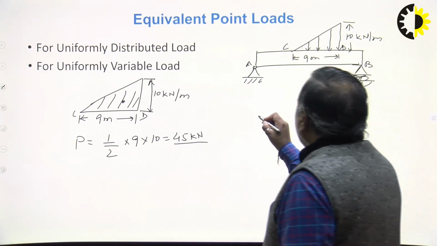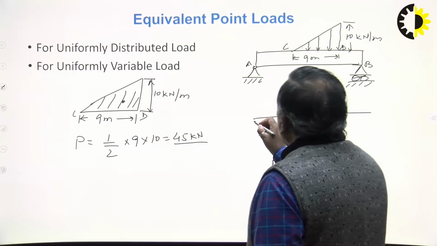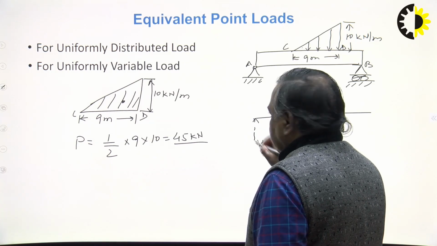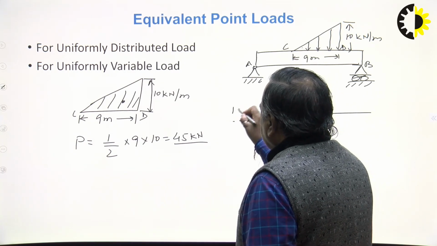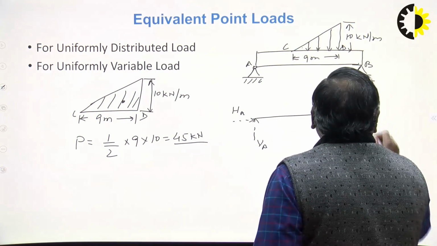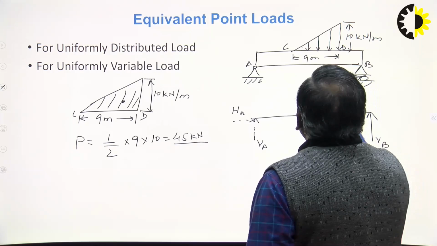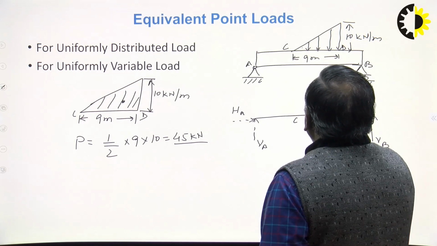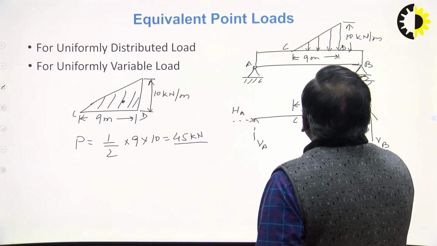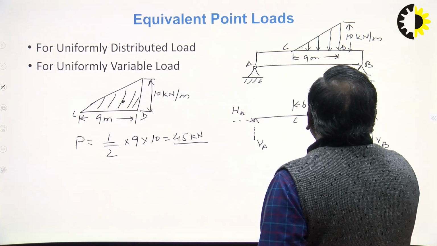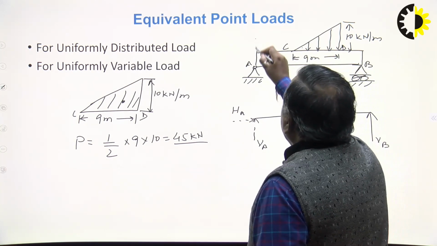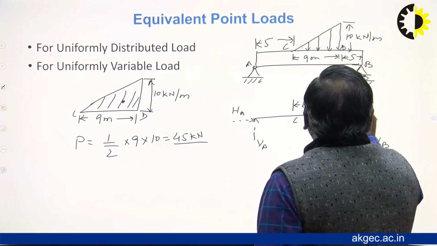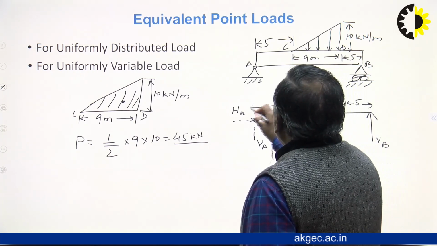So I can convert this like this. This is VA, this is HA, this is VB, and this is 6 meter. This is 45, this is 6, this is 3, and now the distances I will take, this is 5, and this is 5.